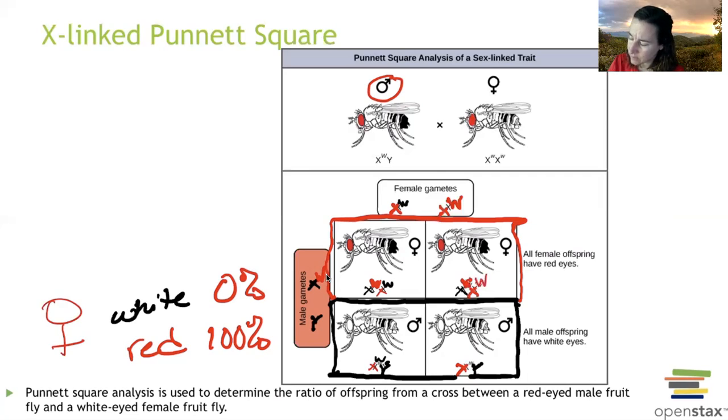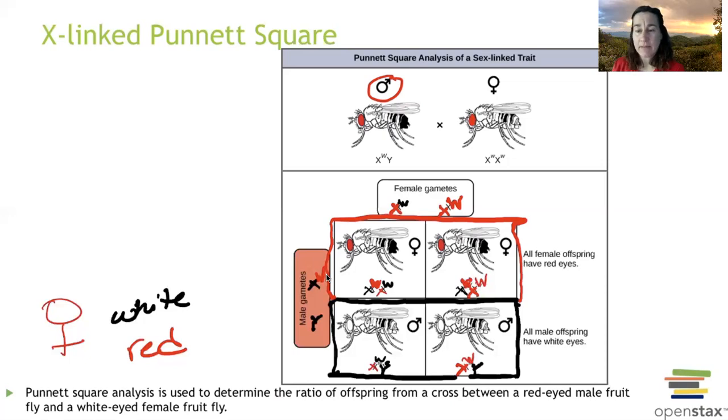What do our numbers look like now? So if we have a female who is a carrier, she's heterozygous for red eyes, what's the likelihood that this female who's heterozygous with red eyes paired with a male that only has red eyes because he only has the one X?